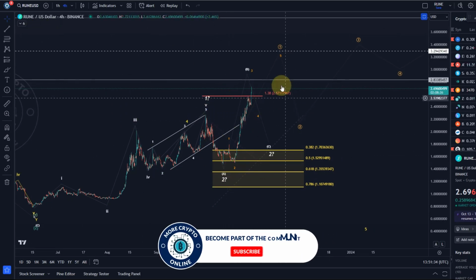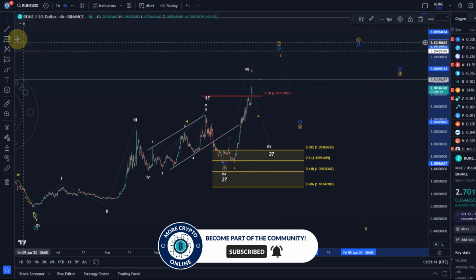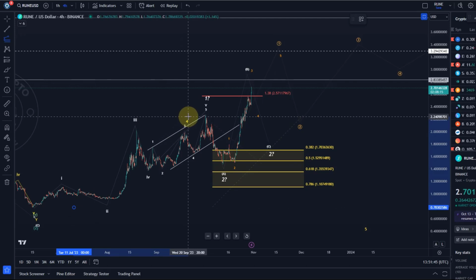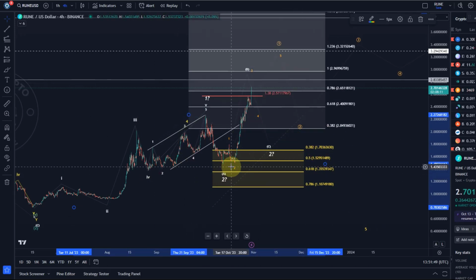What we can do is to calculate the ideal target for this wave 1, which is the lower degree wave 1. Let's try that. So what we do is we take the length of the main wave 1, higher degree. We go to the low of the wave 2. And then, now we get a problem.